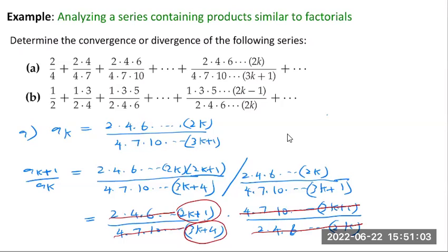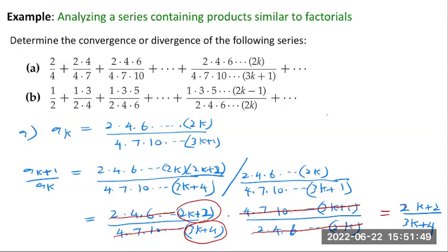So that means the remaining thing will be, this is actually 2k plus 2. Okay, here it should be 2k plus 2, because if you plug in k plus 1 here, it becomes 2k plus 2. Okay, all right, so this should be 2k plus 2. Now this should be 2k plus 2 divided by 3k plus 4.